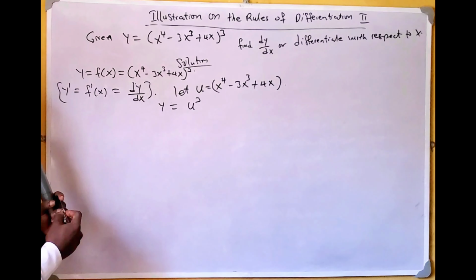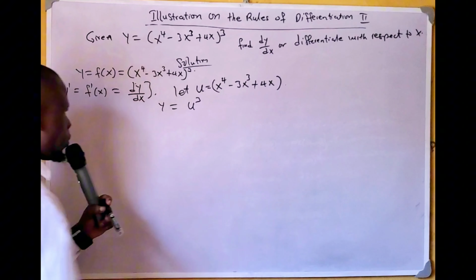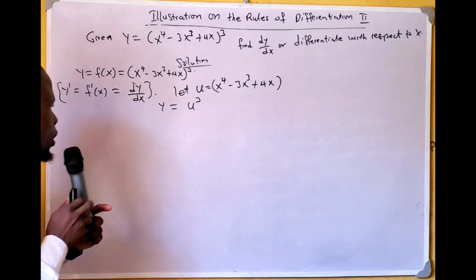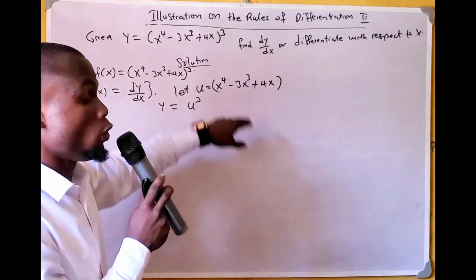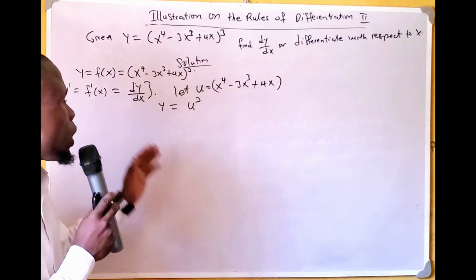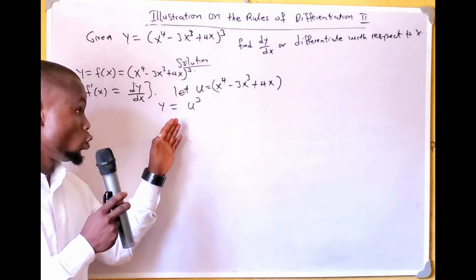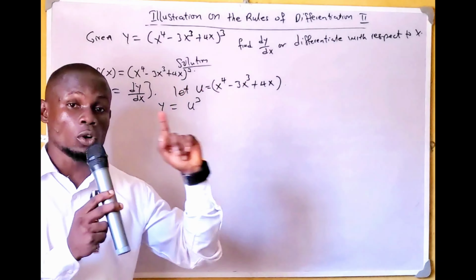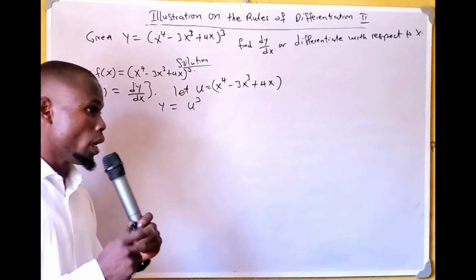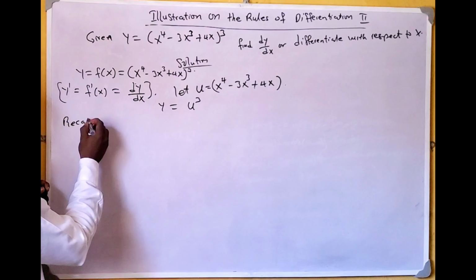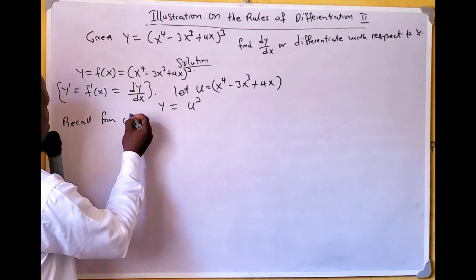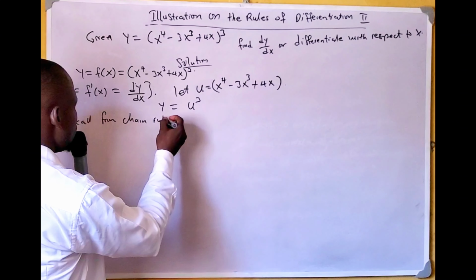From here, it is clear we are dealing with the chain rule. It says that y is a function of u, whereby u is a function of x. That is, we can differentiate y with respect to u, and we can find the derivative of u with respect to x. So what we do here is simply recall the chain rule.